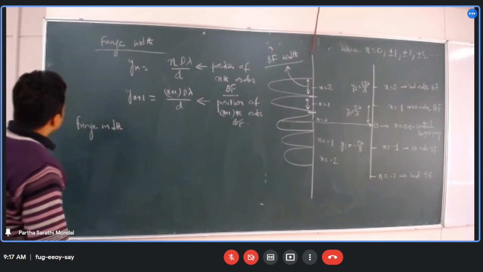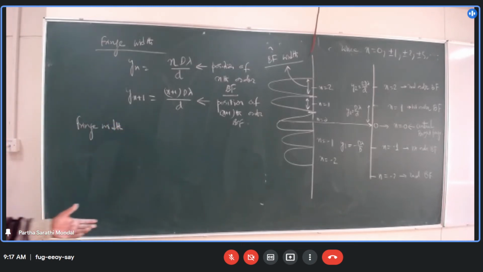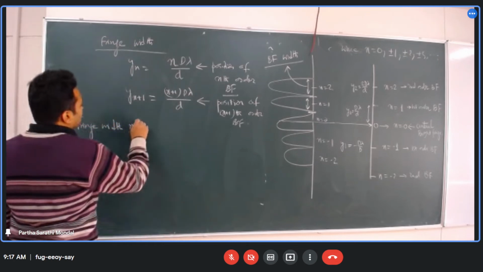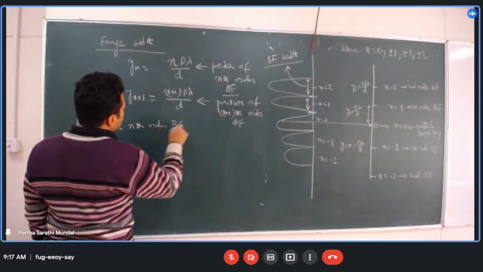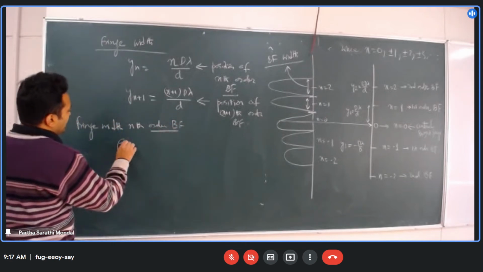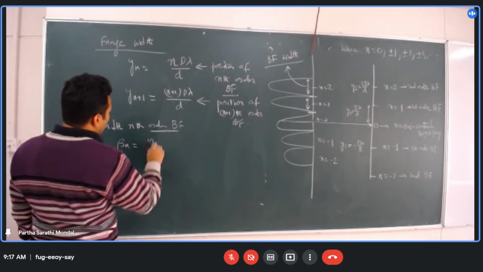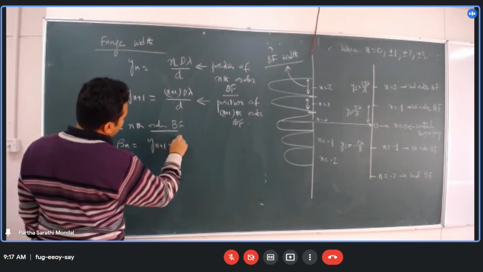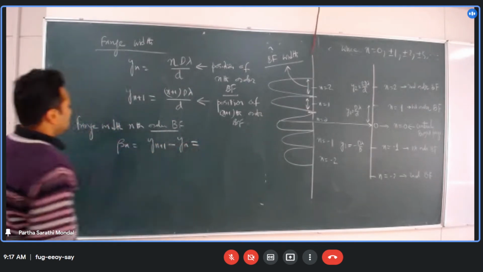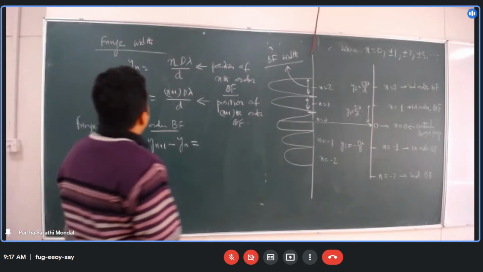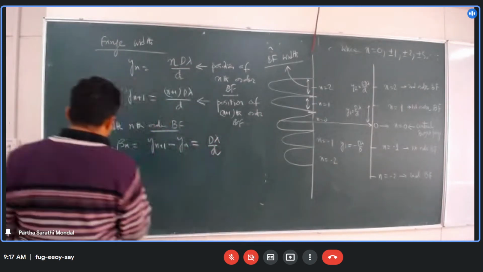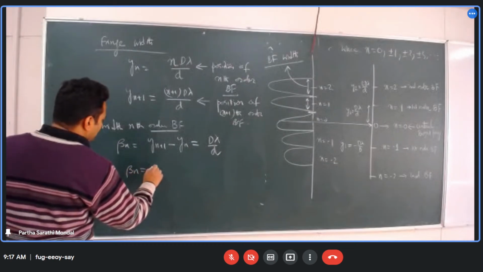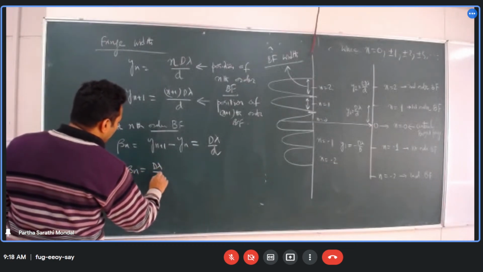Let's say fringe width of the nth order bright fringe. That means β_n will become y_(n+1) minus y_n, which will give you simply dλ/d. That means β_n is equal to dλ/d.